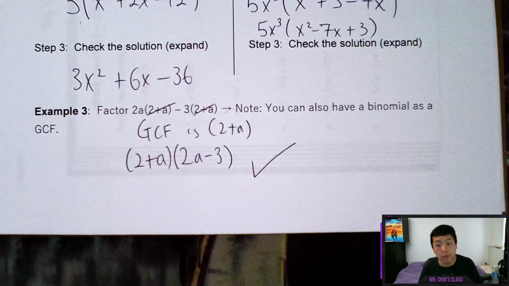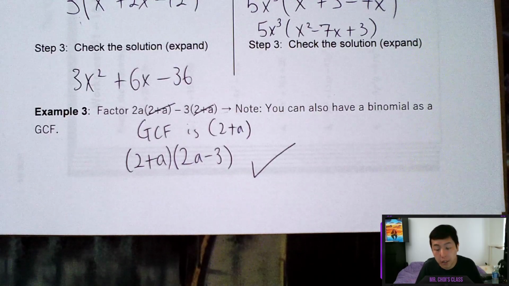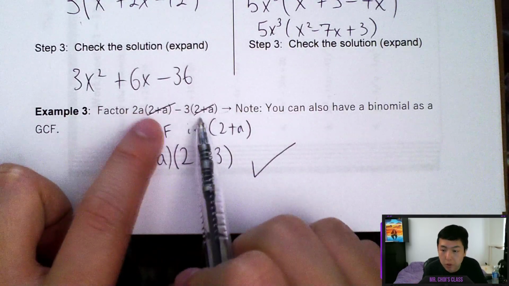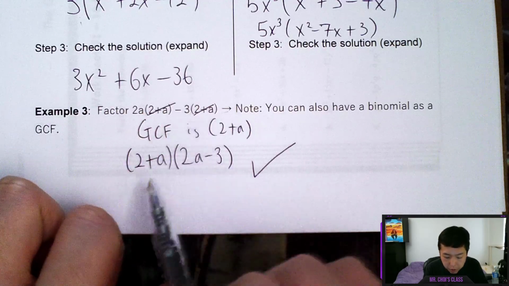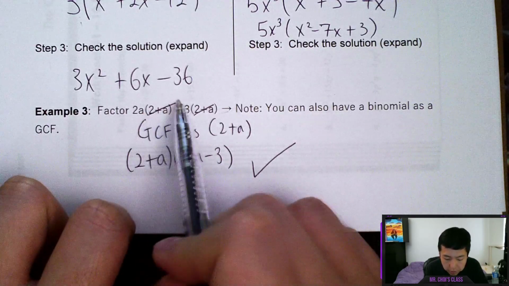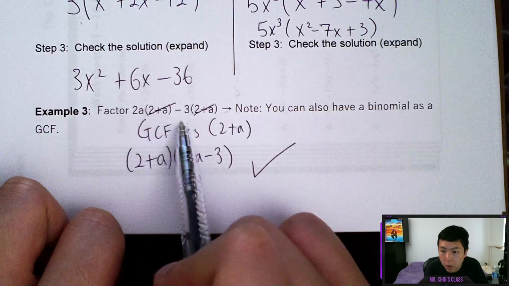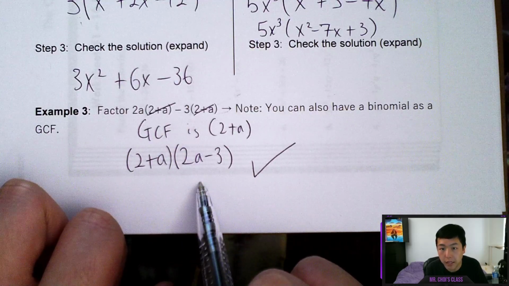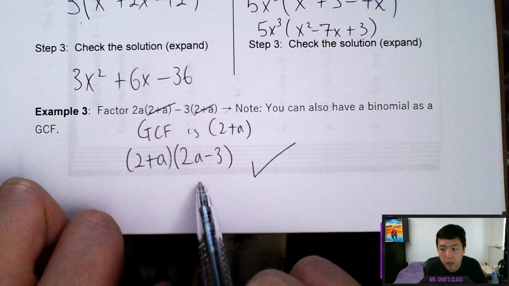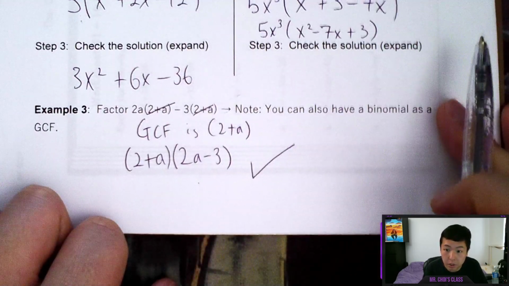And you're done. That's it. So if you notice that there's a bracket present in both of the terms, you pull out the bracket, you cross the bracket out, and you see, what's left over? And that'll be your second bracket. Okay? So this is a special case that you'll notice.